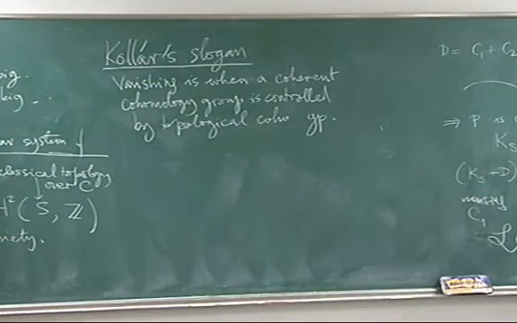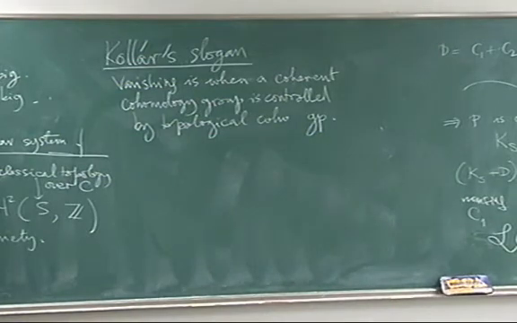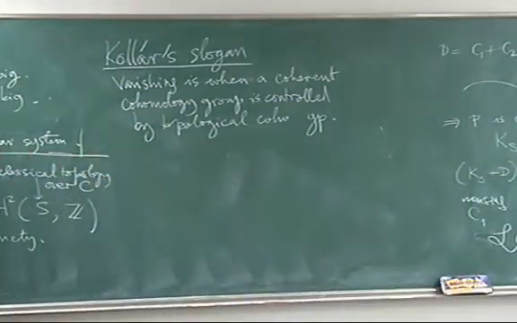I'm not going to try to explain the slogan in its full glory, which is a long thing. Most of the people in the room are young and will have a lot more experience of algebraic geometry in the future and will eventually come to understand what it means. It's a slogan.